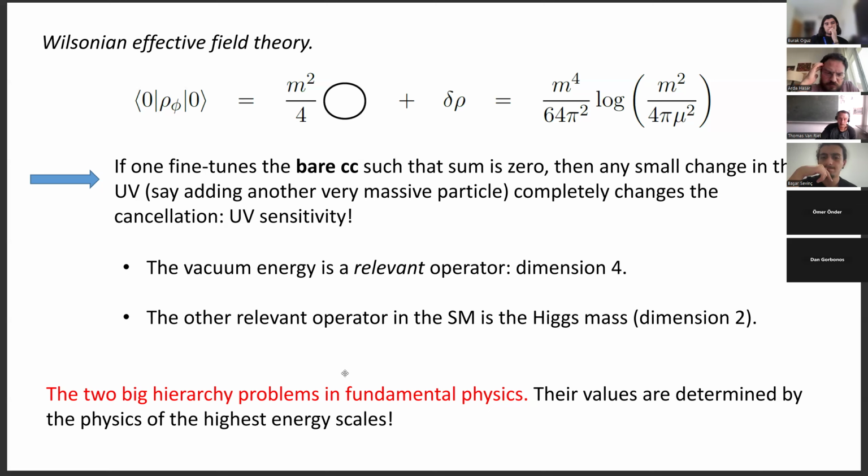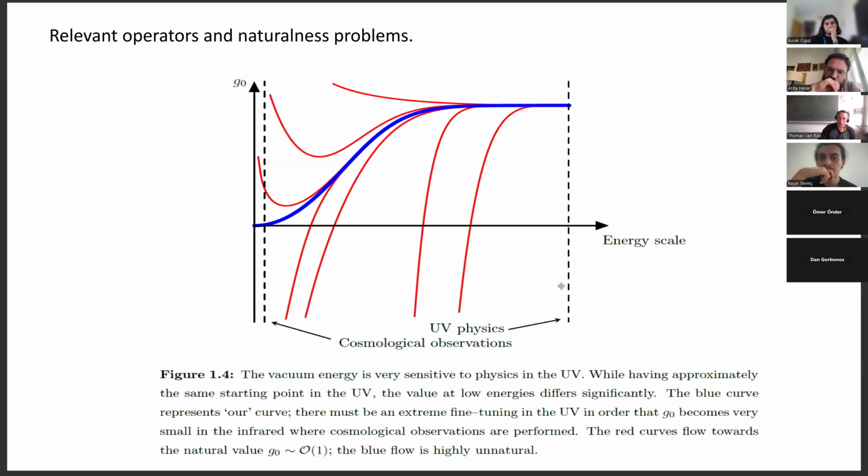These are the two big hierarchy problems in fundamental physics. It's telling us that the value of these two measurable parameters is fixed by the highest energy scales, by the physics at super high energies, right? So I like a slide which I took from Aaron Wall, which I think captures the intuition.